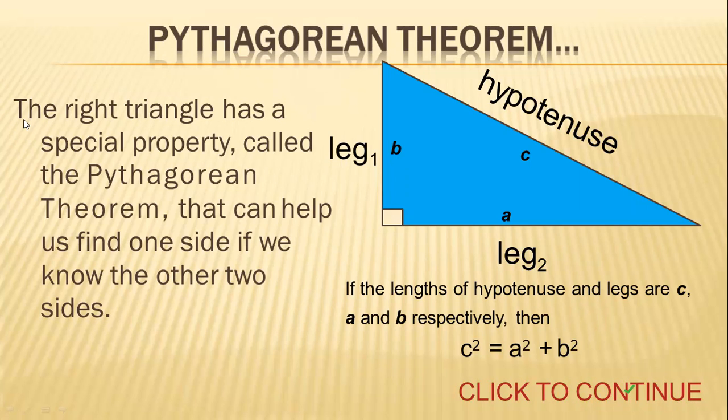Look at this diagram: this is leg 1, leg 2, hypotenuse, denoted by A, B, C. If the lengths of the hypotenuse and legs are C, A, and B respectively, then the square of C, the side opposite to the 90-degree angle, is always equal to the sum of the squares of the other two sides. Are you getting this? It's a very simple theorem, the Pythagoras theorem.